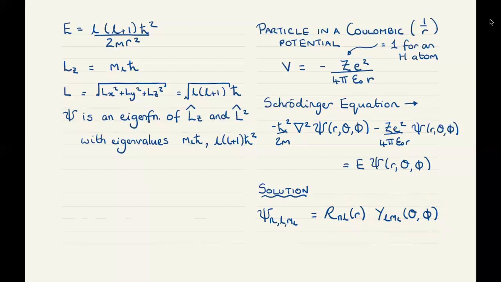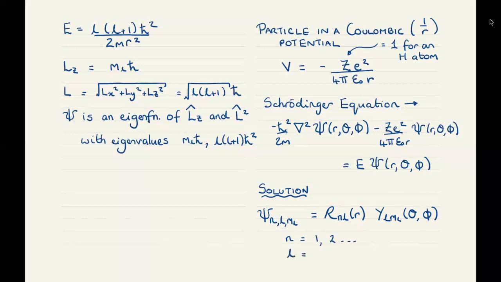So we're very fortunate for this particular form, the 1 over r form of the potential. The wave function separates into a part which is the radial part and a part which is the angular part, which makes our lives a little easier. And in the boundary conditions, the wave function has to come back on itself when it gets to the same point around a sphere, which gives us that the n quantum number must be a positive integer.